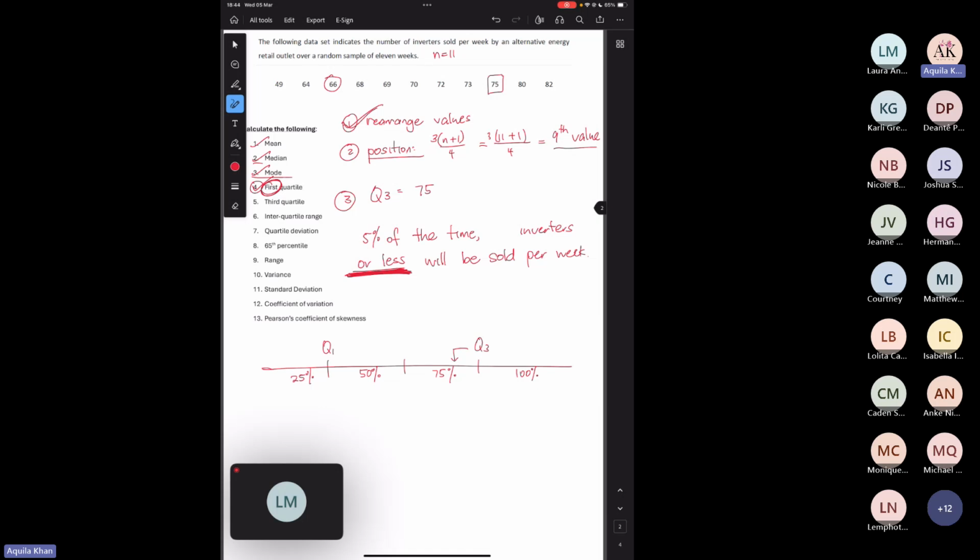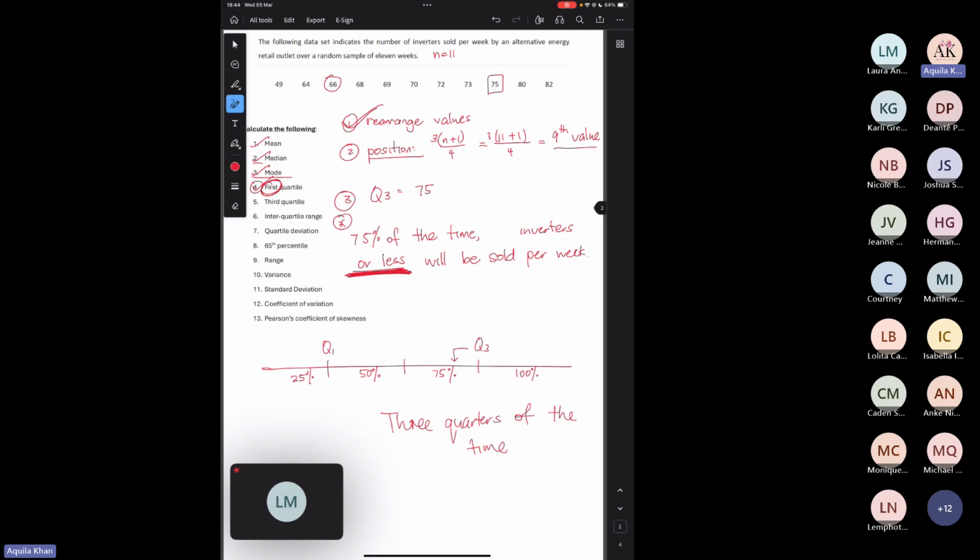So in your interpretation, you can either say 75% of the time, or you can even say 3/4 of the time. Again, whichever you're more comfortable with. I'll just stick to the one that we had here at the top.